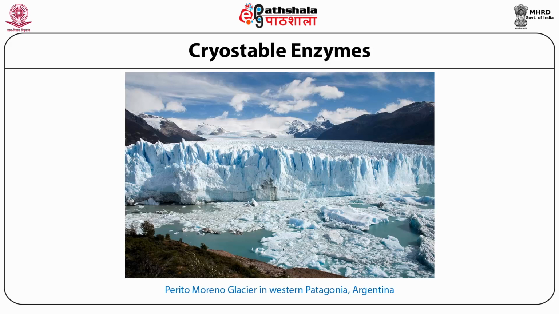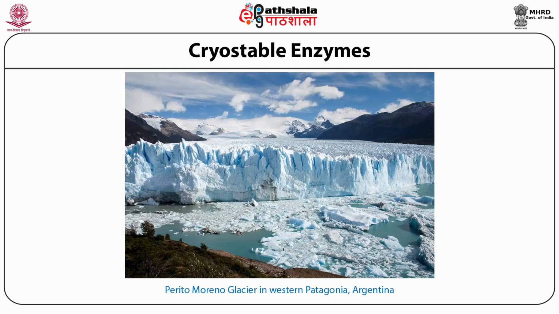As I have already told you, these organisms live at thermal equilibrium with their environment. So, in contrast to thermostable enzymes, cryostable enzymes and the organisms, psychrophiles, which live in these conditions, are in equilibrium with the lower temperature, which can go down to -20, -60.